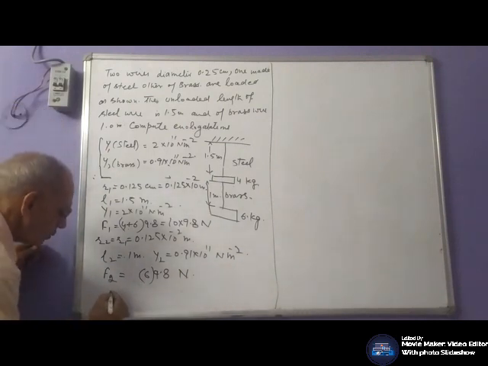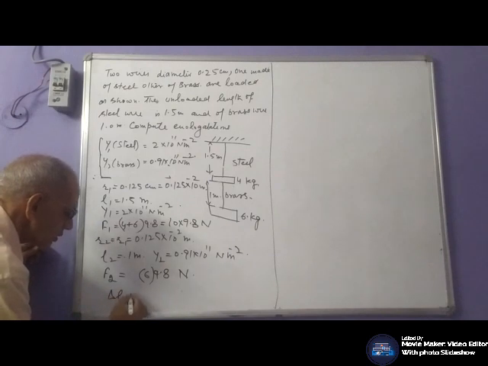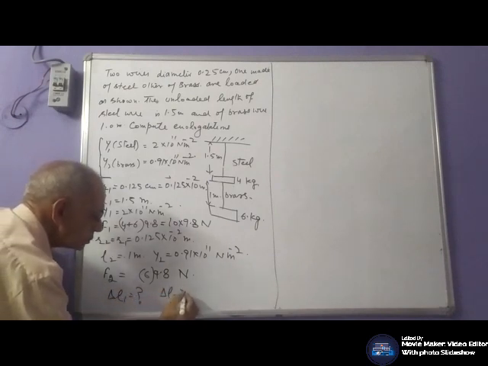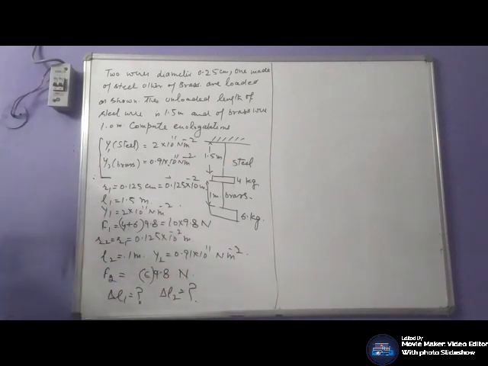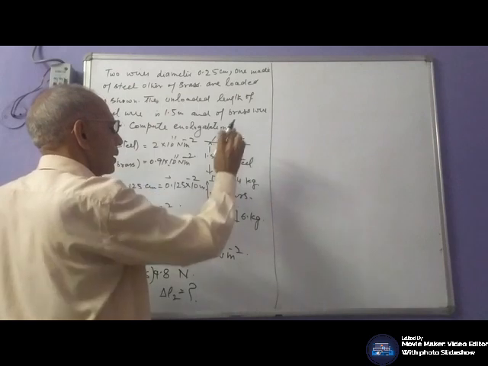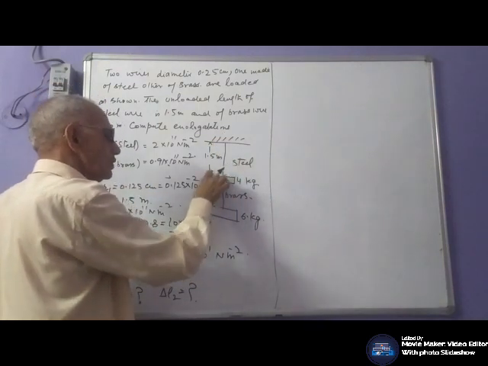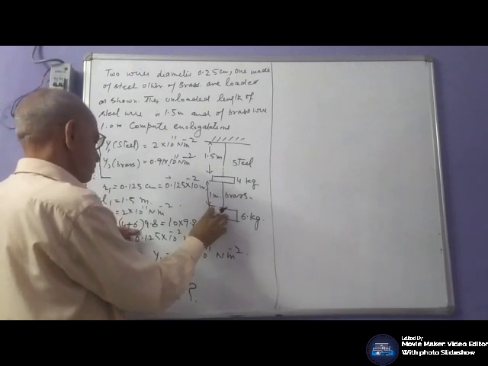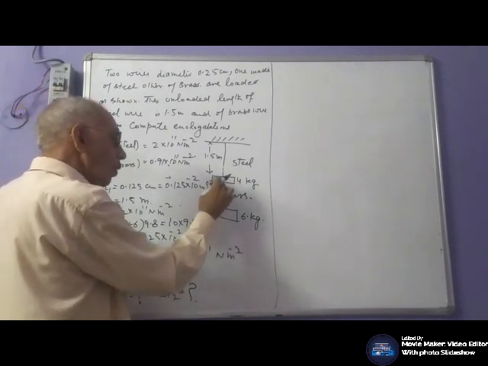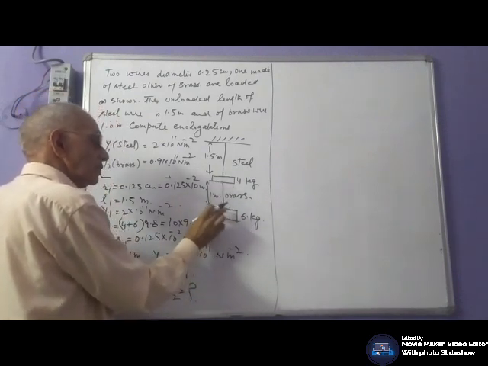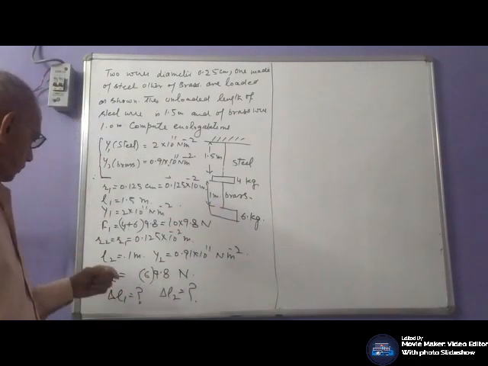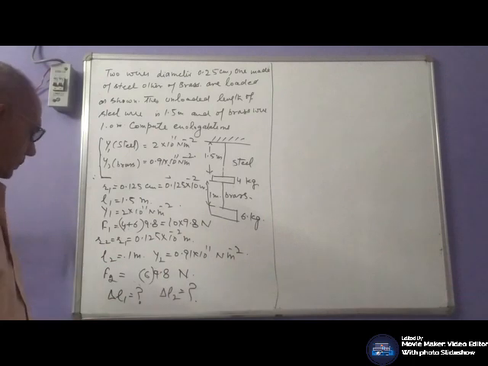What we have to calculate is the elongations. This is the question. On the steel wire, this mass and this mass are there, so it is 10. On this wire, only this mass is suspended, so F2 is this.